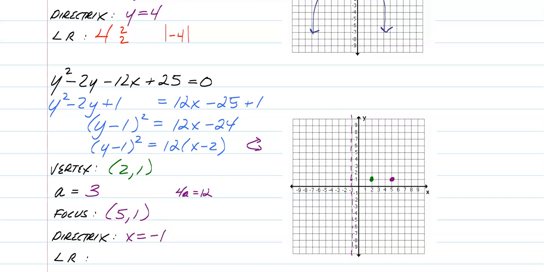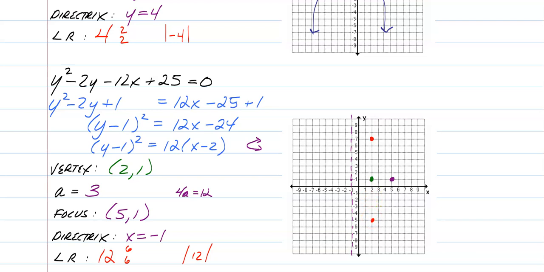Now we kind of know where we're graphing, but the last thing we need to find is how wide it is at the focus. And that is the absolute value of your 4a. So the absolute value of 12 is 12. So your latus rectum is 12, meaning you're going to go 6 in each direction. So you're going to go 6 up, and you're going to go 6 down.